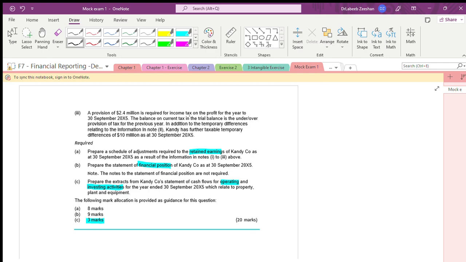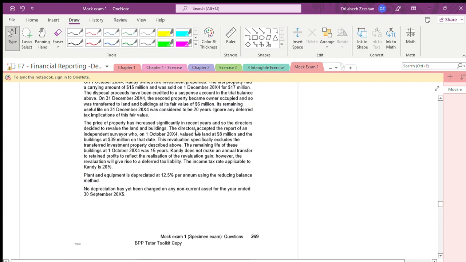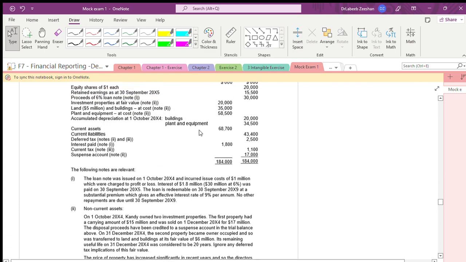Yes. The following: prepare the schedule of adjustments required in the retained earnings of Candy as a result of the information in notes 1 and 3. Okay, notes 1, 2, 3. We have to take all 3.